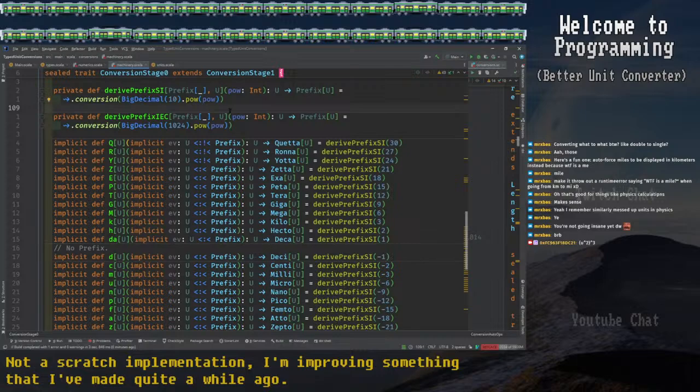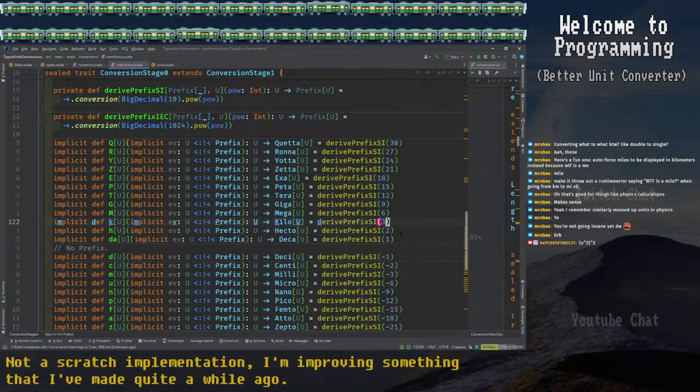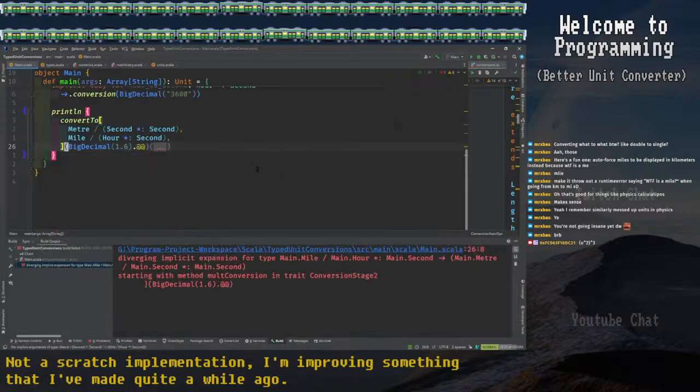That's not the right button. And there we go. I accidentally flipped one of the conditions. Please don't diverge. Great. We have a diverging implicit.